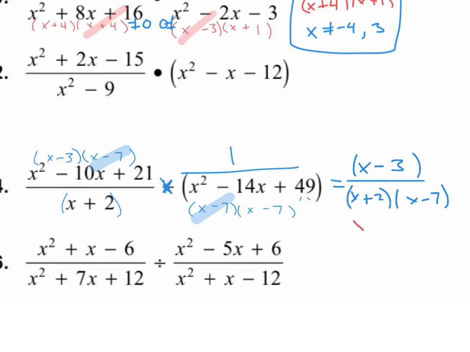What is our domain? What did we cancel? Awesome. It's positive 7. We cancel out the x minus 7, so we set this not equal to 0. Add 7. So x cannot equal positive 7.